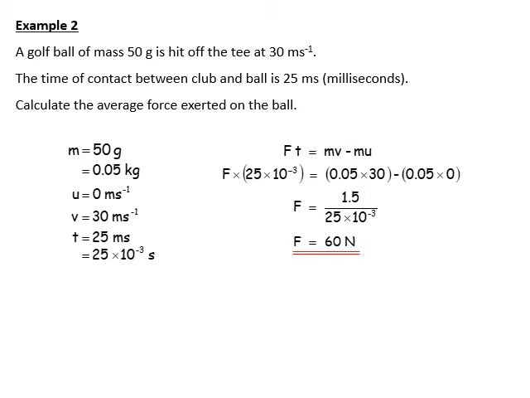So F times the time in seconds, so we've got 25 times 10 to the minus 3 here, is equal to 0.05, because that's the mass in kilograms, multiplied by the 30, take away the initial velocity of the golf ball, which was on the tee, which will be 0. And so that gives us a force of 60 newtons.